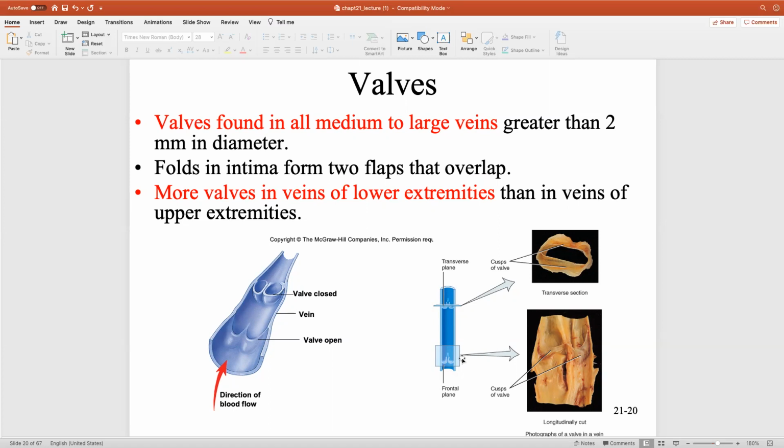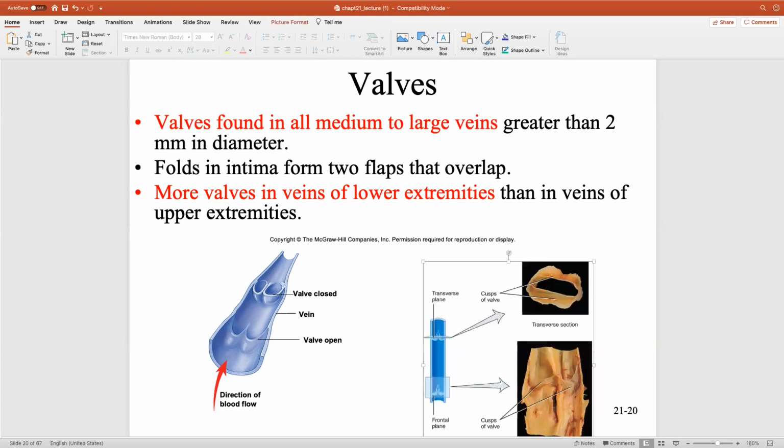For blood in the upper extremities coursing through the vein, you don't have that gravity that you're working against. Your upper extremities are at the same level as your heart. Your lower extremities are lower than the heart. So in order to move blood from the lower extremities through these veins into the inferior vena cava, you need a lot of help.